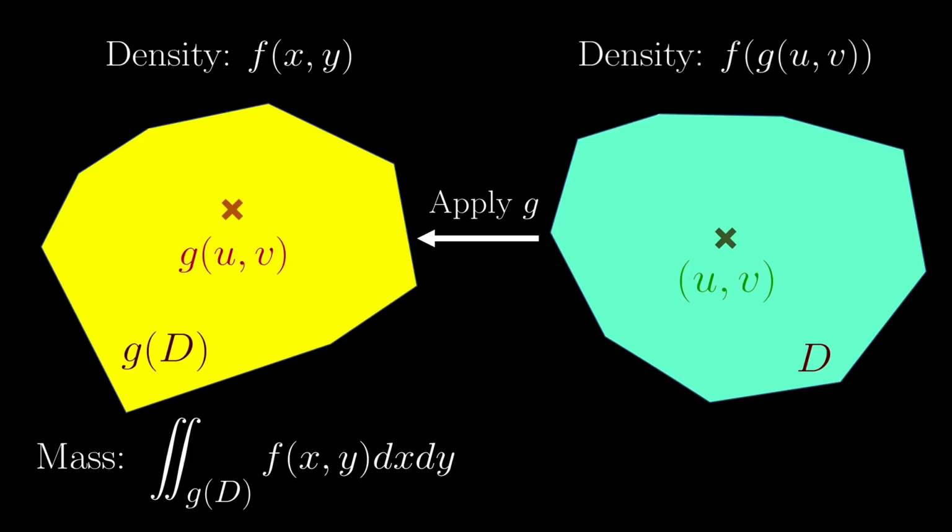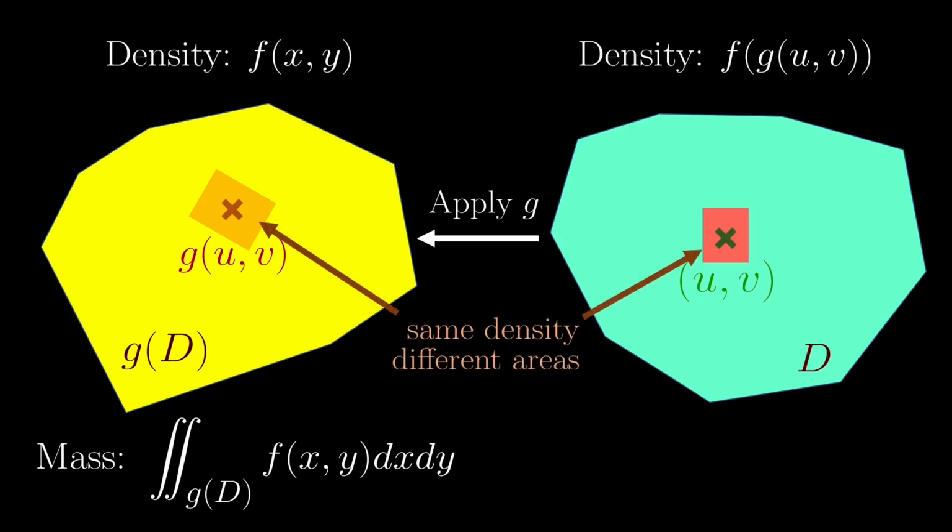This doesn't make the two regions have the same mass yet. A small rectangle in region D containing (u, v) will map to some region containing g of (u, v). These two regions have the same density but different areas. The corresponding scale factor for areas near the point (u, v) is precisely the Jacobian determinant at the point (u, v).